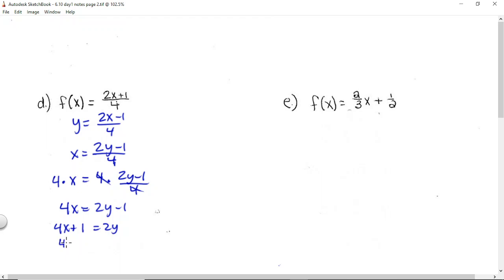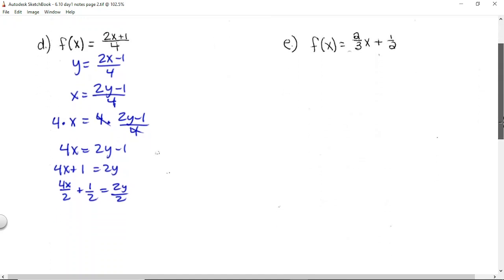That means divide each term by 2. Okay, just divided everything by 2 there. And so this gives us 2x plus a half equals y, and this cancels as we wanted to.